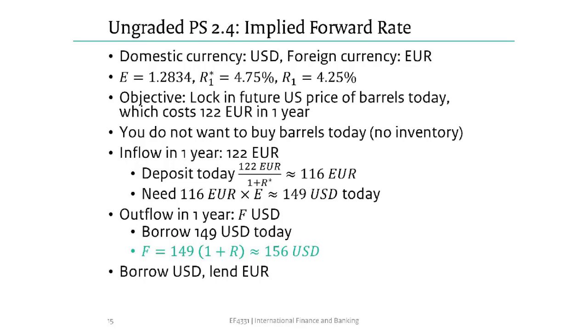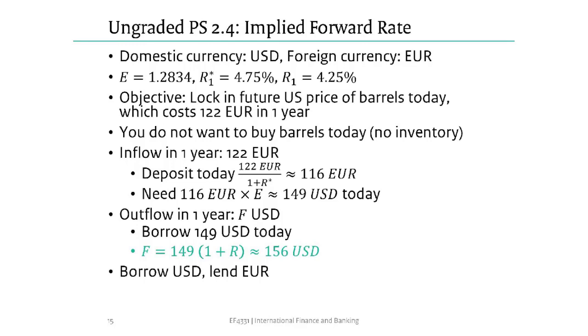We only need enough so that we can put it in a bank deposit and let it grow, so that we have enough in the future to pay off that expense. So let's discount 122 by the interest rate, 1 plus r star, and we get the number we need to have today. So we identified what we need to deposit today: 116.